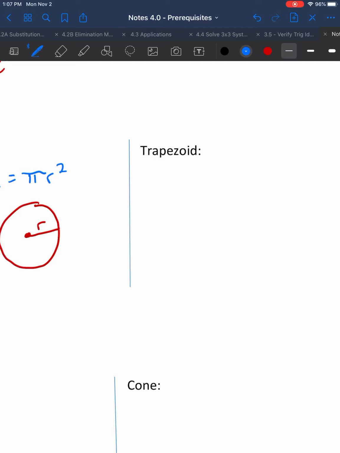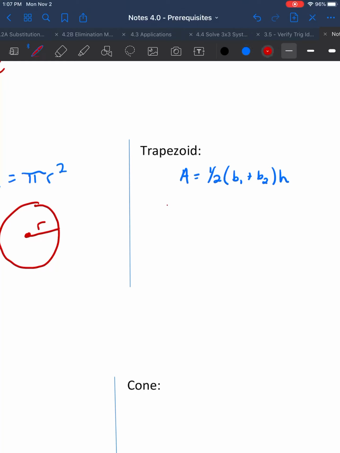Trapezoid, we are going to do some stuff with trapezoids, not in this current unit, but I saw an opportunity to go ahead and give you this formula. It's 1/2 base 1 plus base 2 times the height. So we find the average base length because there are technically two bases.